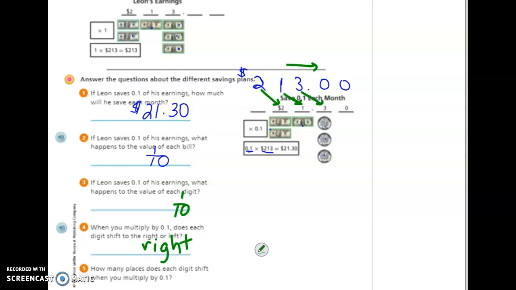That's perfectly fine. And I have to stop here and explain something to you, because if you are having an adult help you on your homework, they might be confused by this. Many of us adults learned to shift the decimal and not the digits. So if you're working with an adult and they say you shift to the left, and you're saying you shift to the right, you are probably both right, because they're talking about moving the decimal and you're talking about moving the numbers.